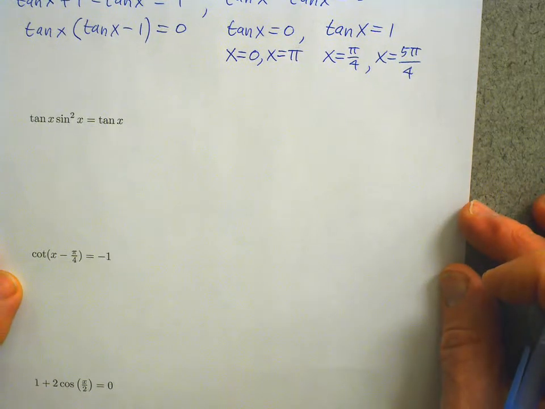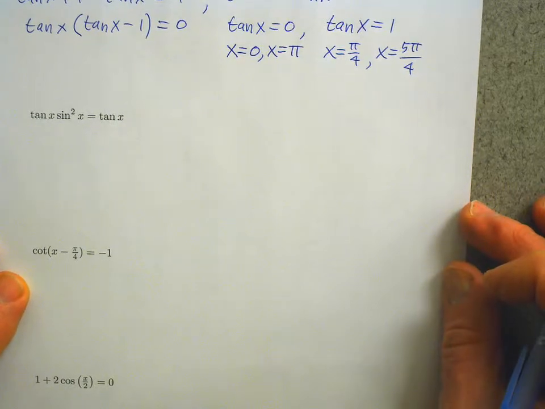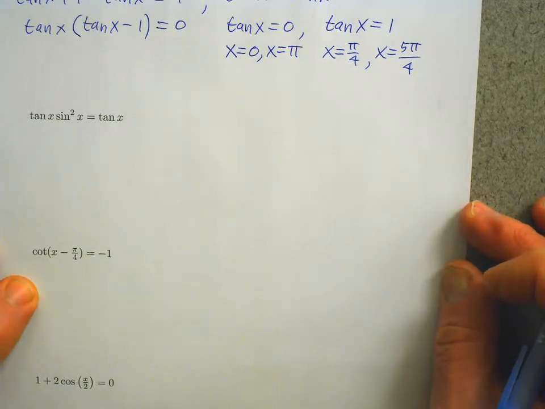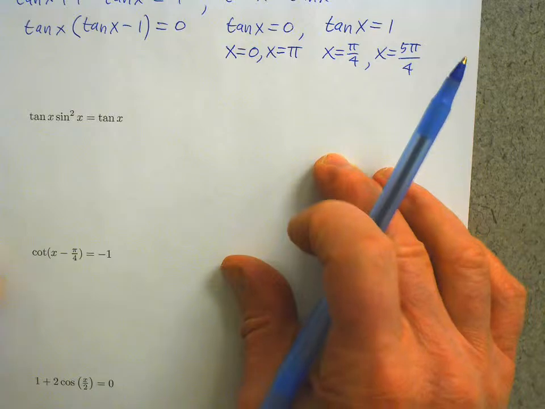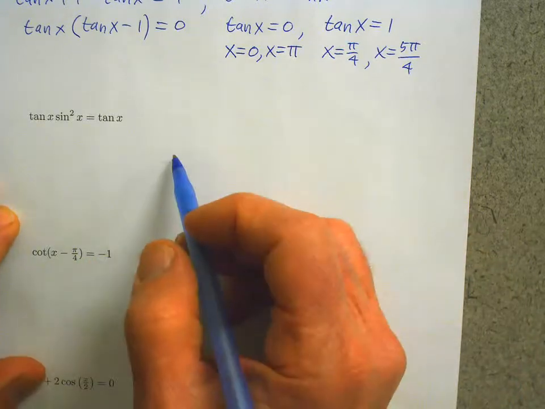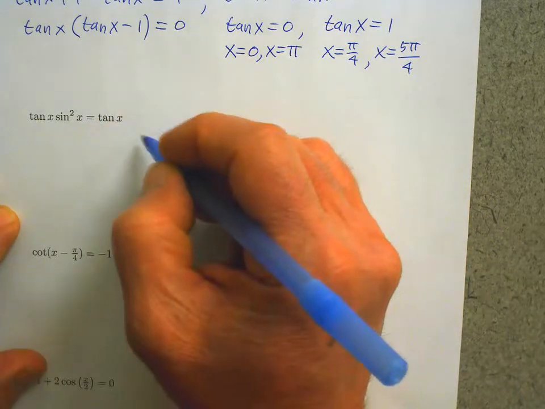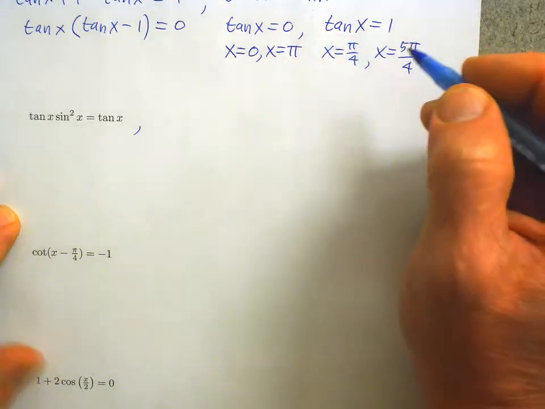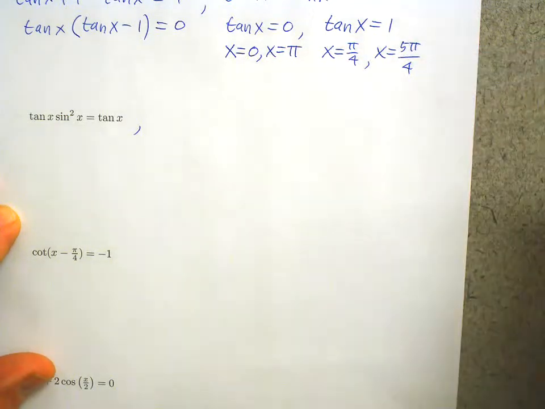In particular, it's almost like trying to divide by 0. So the best thing to do is set one side equal to 0 and then factor the other side.